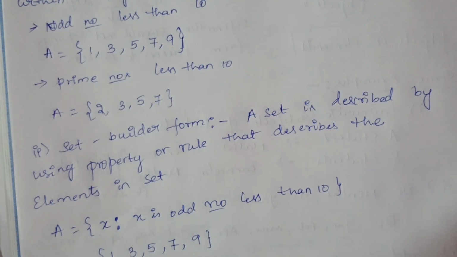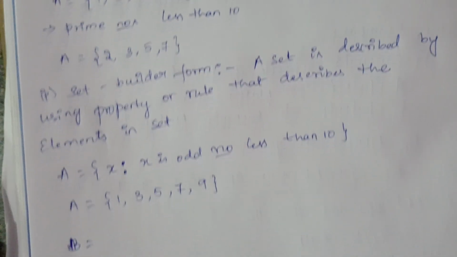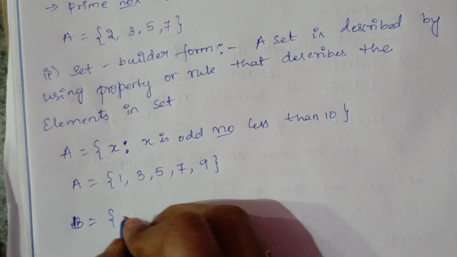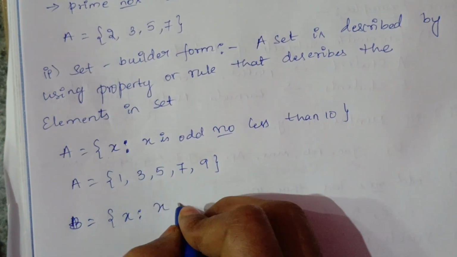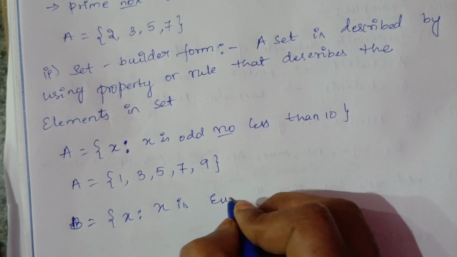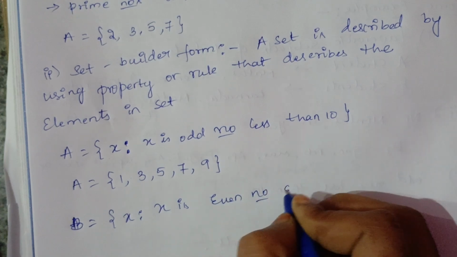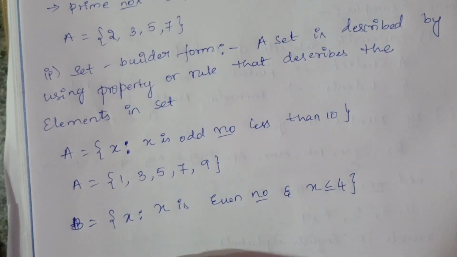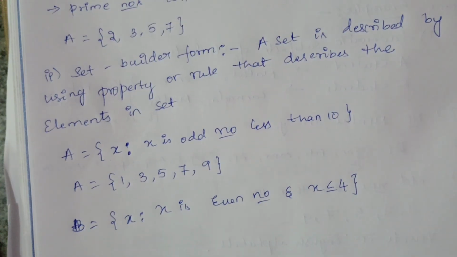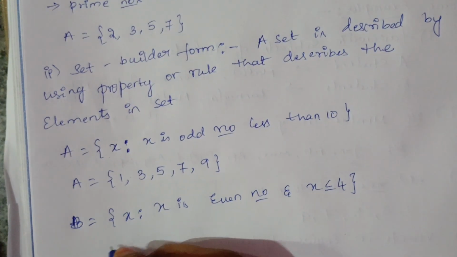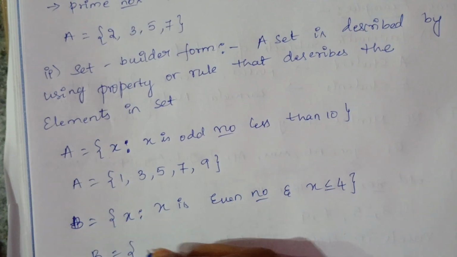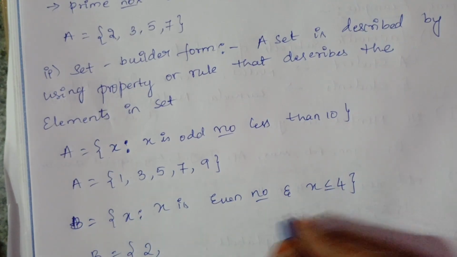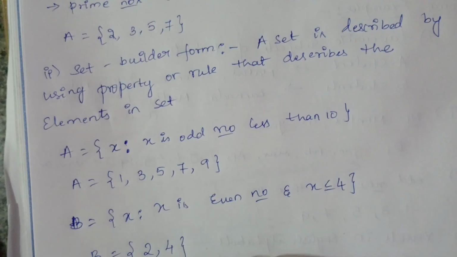Now one more example. B equals {x : x is an even number and x is less than or equal to 4}. X is an even number less than or equal to 4, so B equals {2, 4}. Less than or equal to means 4 is also included.